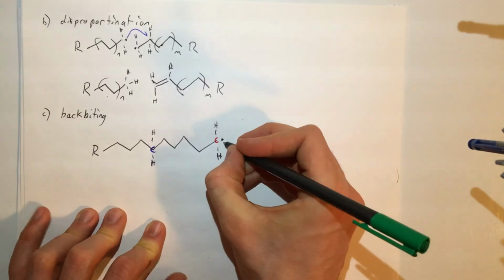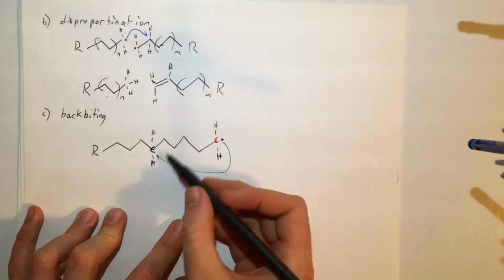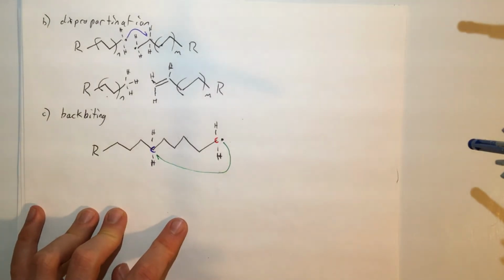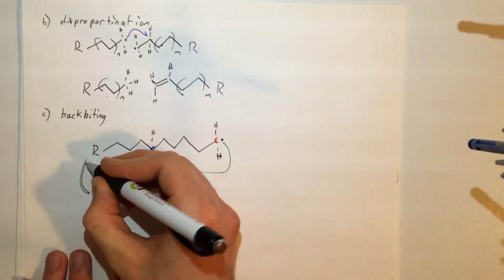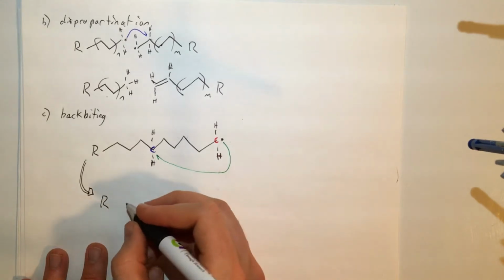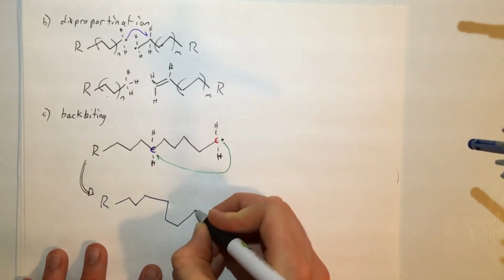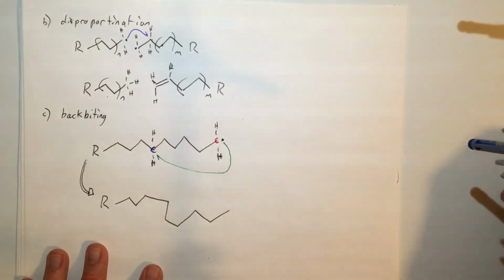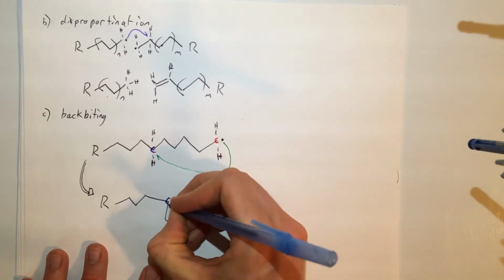Well, if we have this electron that could come in and interact with this carbon earlier in the chain, we might have a case where our chain then looks something like this. We still have our carbon at the end, and we also have this carbon here.